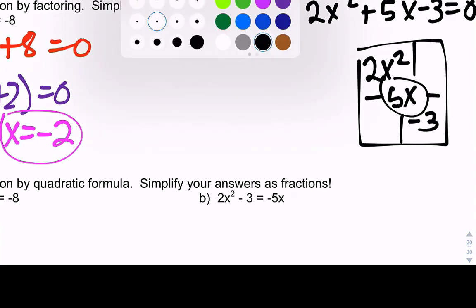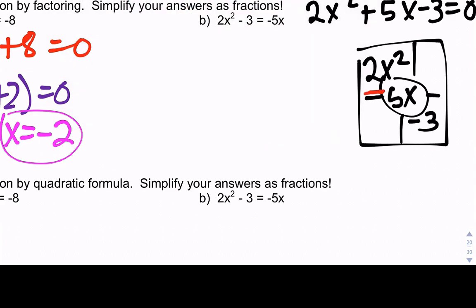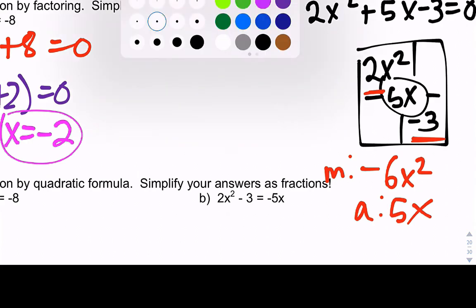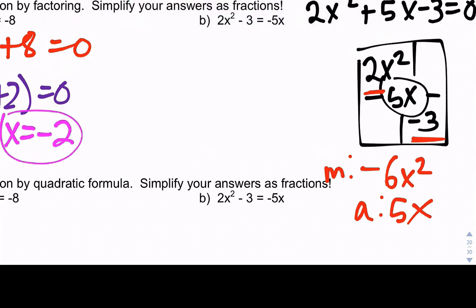All right, we want to know what multiplies to -6x squared, that adds to 5x. Some factors of -6 would be -2 and 3, but they don't add to 5. How about 6 and -1? That works. 6x, -1x. They multiply to -6, add to 5.